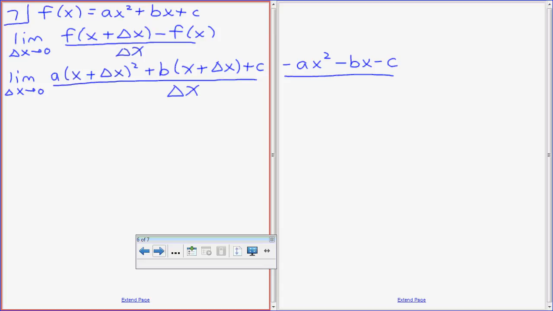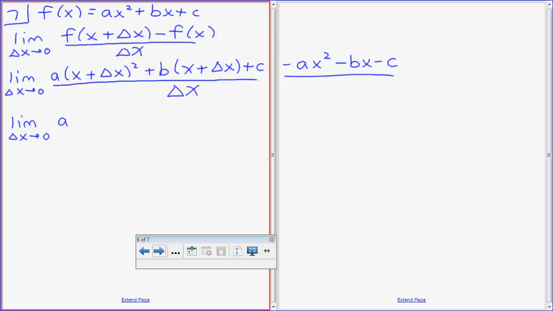All right, Austin, your turn, please. What is a times x plus delta x all squared? So you get a and then brackets x squared plus delta x squared plus 2x delta x. That's right.